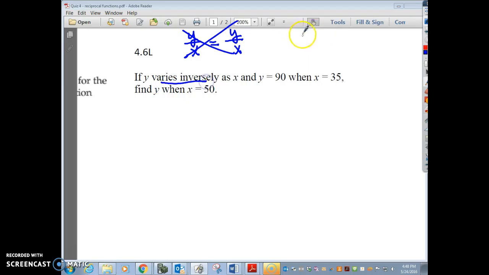Varies inversely. So the way this one works is xy is equal to xy. xy at the beginning is equal to xy at the end. Or just to separate them apart, x1 y1 is equal to x2 y2. So what is my first x and y?